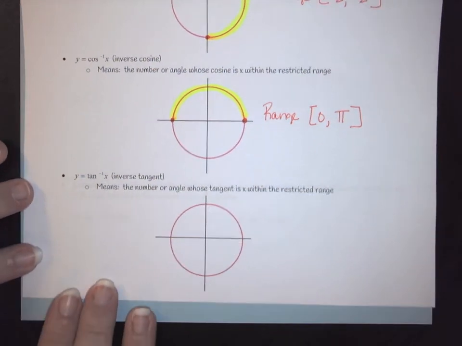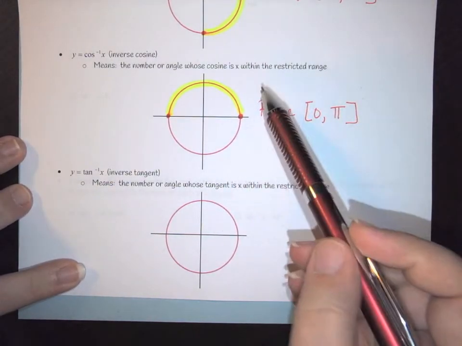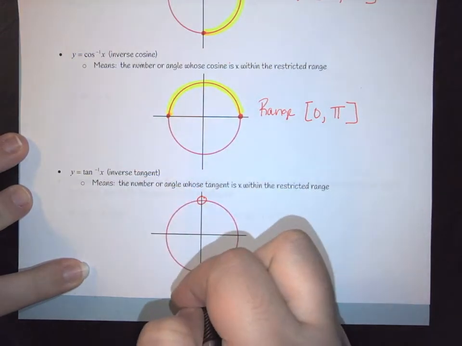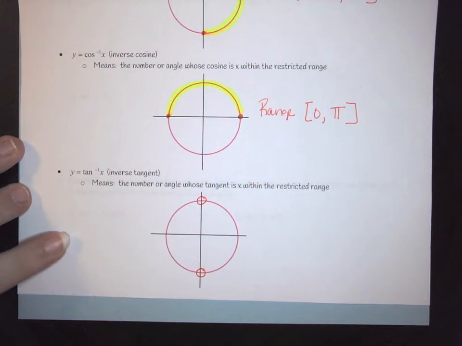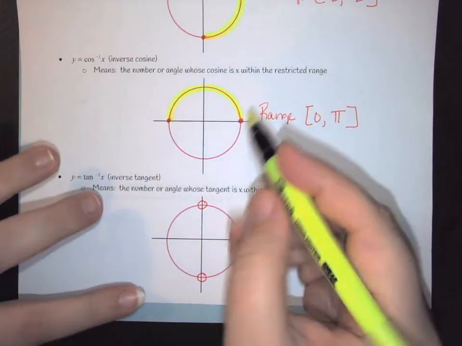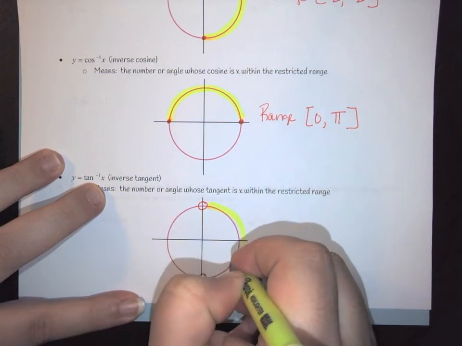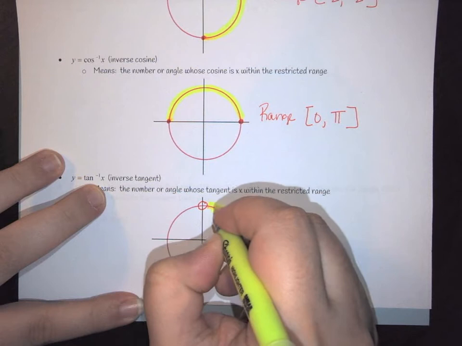Now when we talk about tangent, we have a couple of issues. Tangent is going to be very similar to sine. However, we cannot include your pi over 2 and your negative pi over 2. So instead, we are still looking at using this part of your circle, just like with your sine.